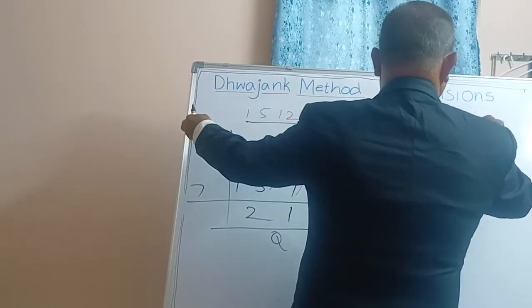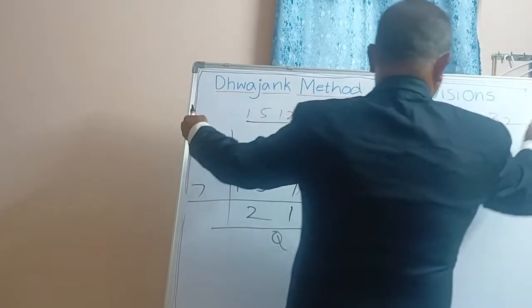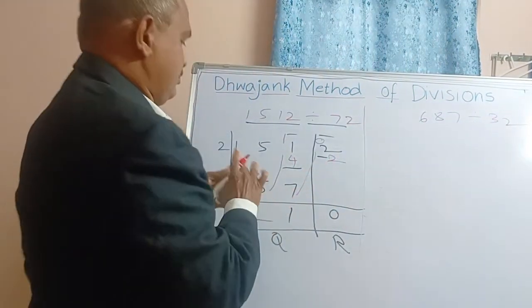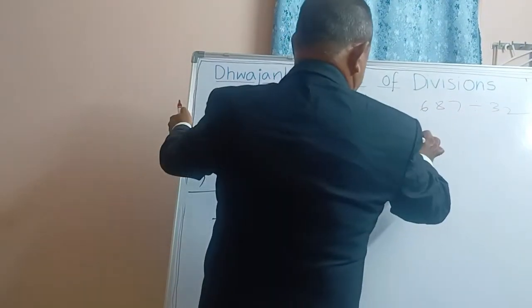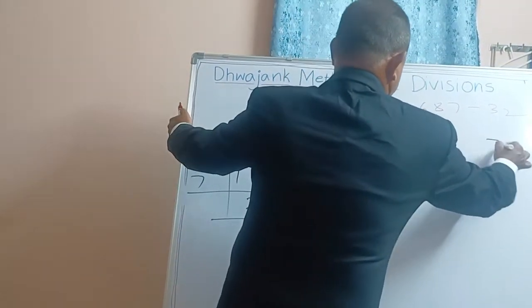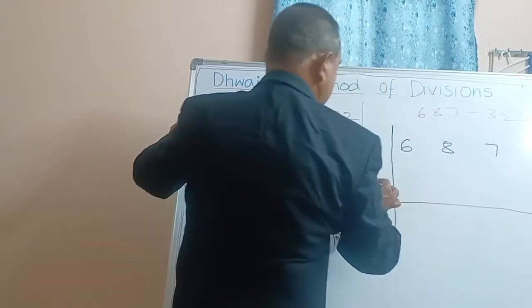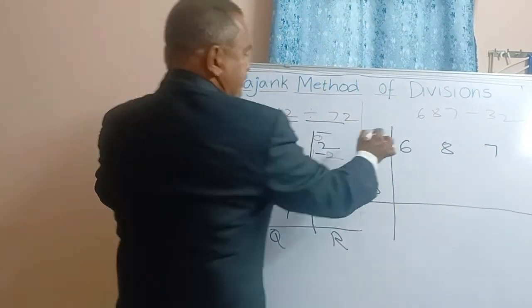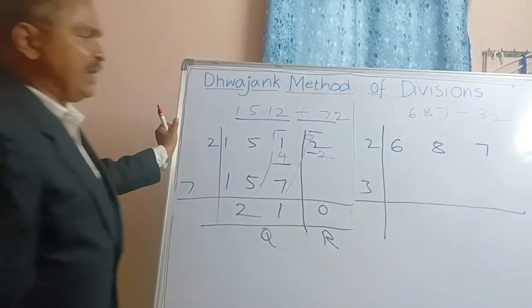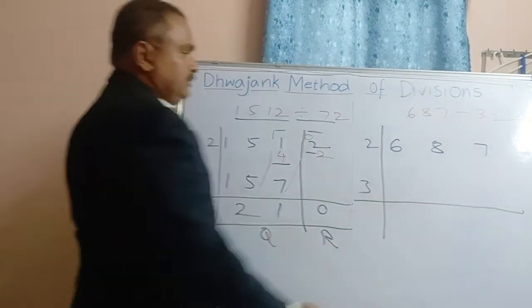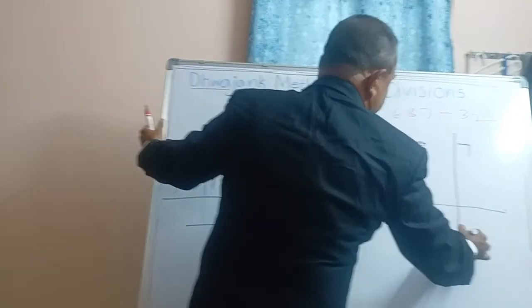Let us go to the next example. 687 divided by 32. Write like this. 687 divided by 32. 3 is the base number. 2 is the flag number or Dwajank. This is the remainder part.